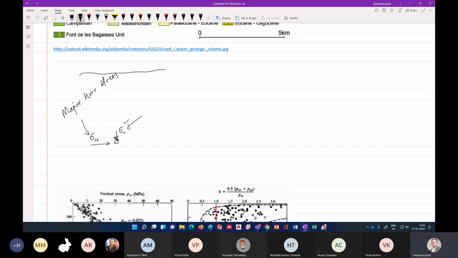Okay, so this is our vertical stress. Another stress, which is perpendicular to this sigma H direction, is called sigma small h. This is the minor horizontal stress.